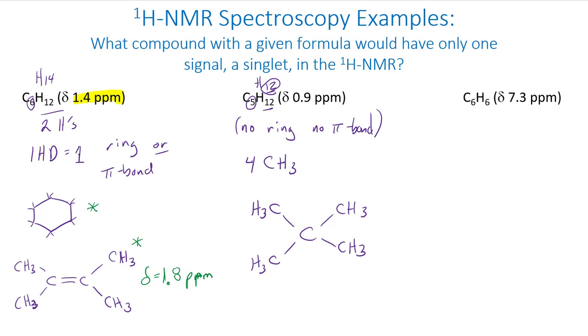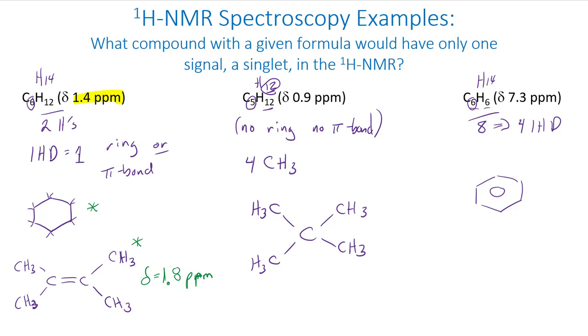The last example, our chemical shift, is going to be a big hint. 7.3 is very characteristic of an aromatic ring. And C6H6, of course, is the formula for benzene. And if we do our formula again with 6 carbons, we already saw we'd have 14 hydrogens. So 8 hydrogens missing is an IHD of 4.